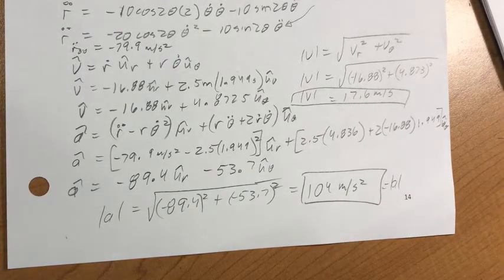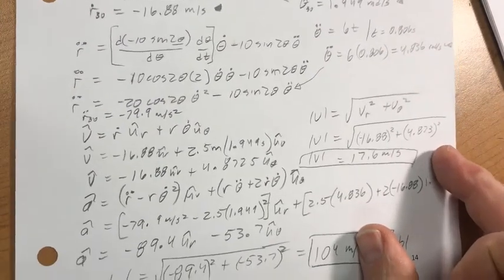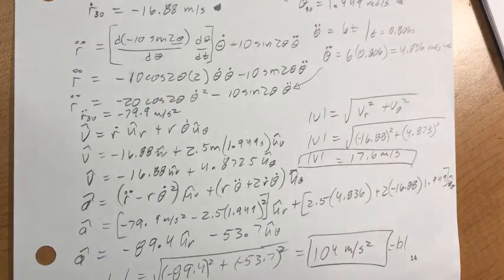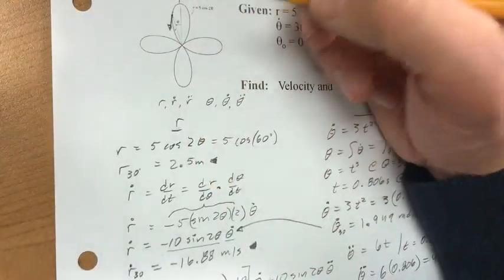So again, it kind of seems complex when you look at the whole thing, but it's really just find the first derivative and second derivative of the radial function, and the first derivative and second derivative of the theta function, and then plug them into the equations, and amazingly, we can determine the velocity and the direction.